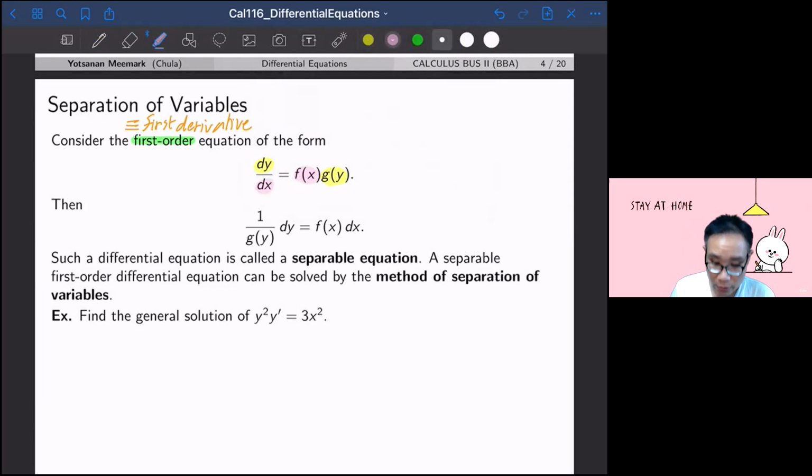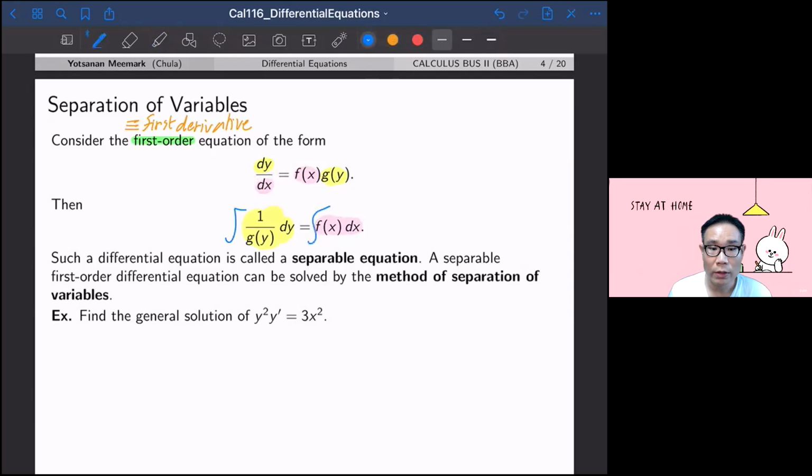So you can move the yellow part to join on the same side. So you get 1 over g(y) dy, and you have f(x) dx. So it's going to turn out to separate y on one side and f(x) on the other side. And this will allow us to solve this differential equation by integration.